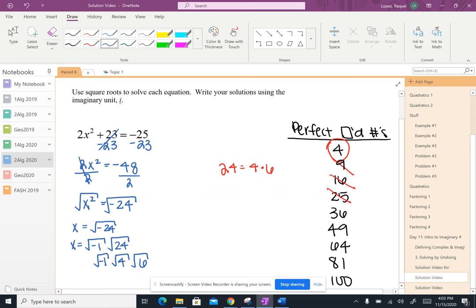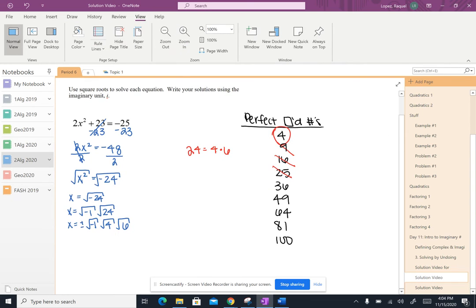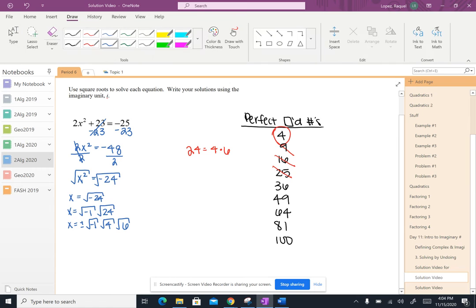So I want the square root of negative 1, and I almost forgot my plus and minus because I want both solutions. Okay, so then from here, let's start substituting. I can substitute the square root of negative 1 with i. I can substitute the square root of 4 with 2. And that square root of 6 is going to come along for the ride because it does not simplify down anymore.